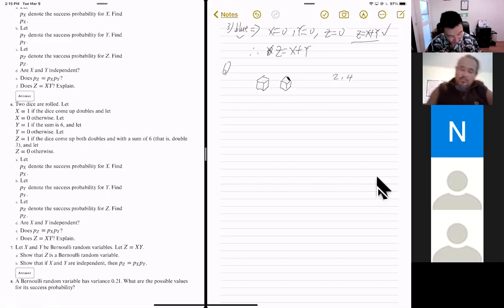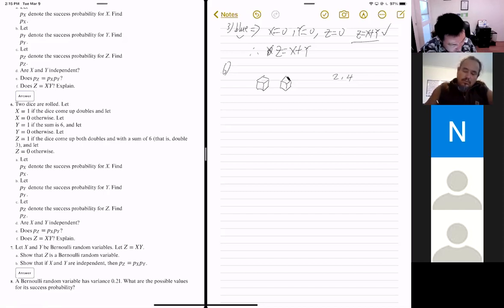So first of all, before we calculate the probability for X, Y, Z, let's use the counting method to count how many possible outcomes there are, how many of them are doubles, and how many of them have a sum of 6. So we have 2 dice.